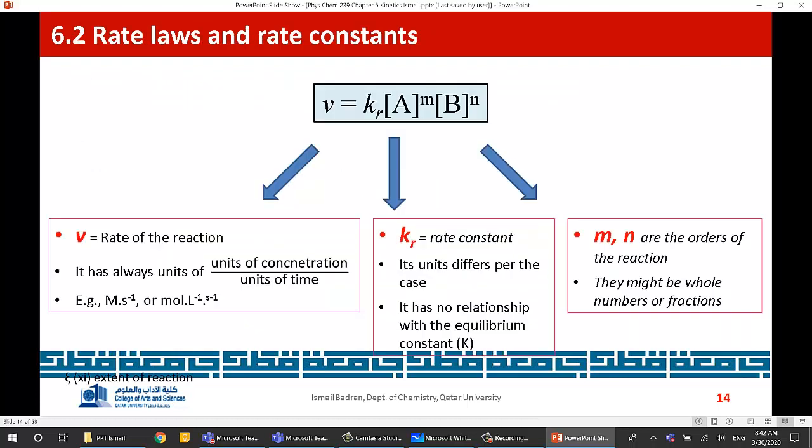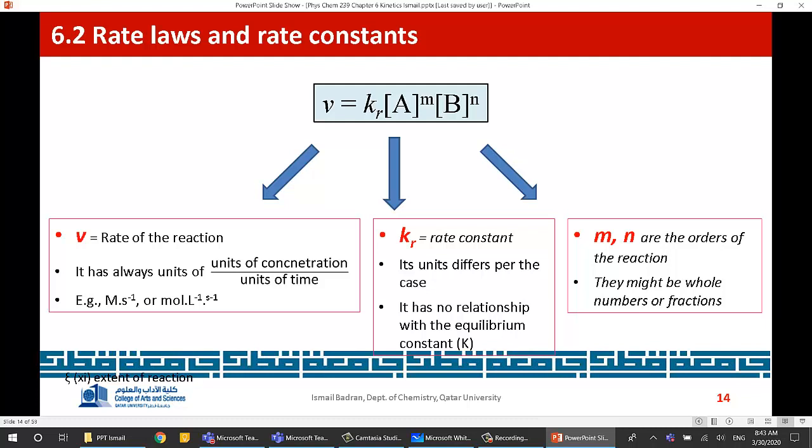Molar per second, that's a unit of rate. Or you can write it as mole liter^-1 second^-1. The units of the rate of the reaction do not change. Make sure that you write this down in your notes, that the units of the rate do not change. It's always units of concentration divided by units of time, or molar per second, or mole per liter per second.